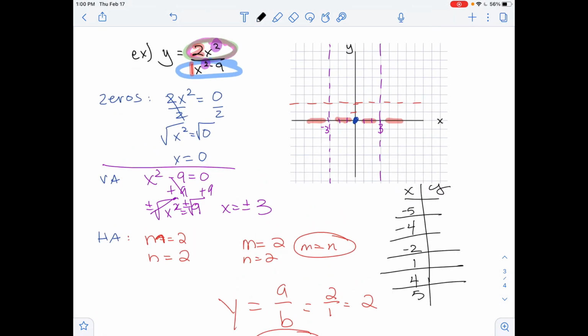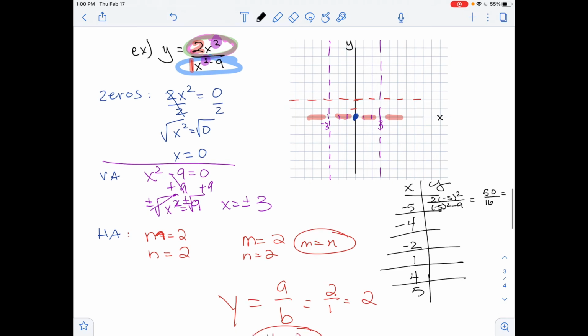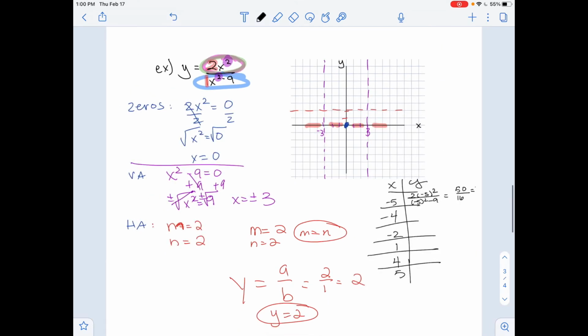So if I go 2 times -5 squared all over -5 squared minus 9, I'm going to get -5 squared is 25 times 2 is 50, all over 25 minus 9 is 16. So we get 50 over 16, that's 3 and a little bit. So it's a little bit more than 3. So at -5, we're going to go up a little bit higher than 3.